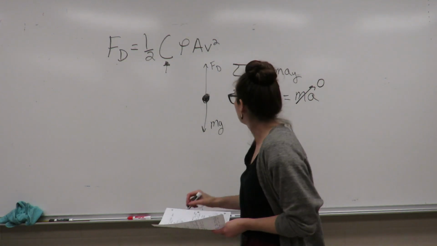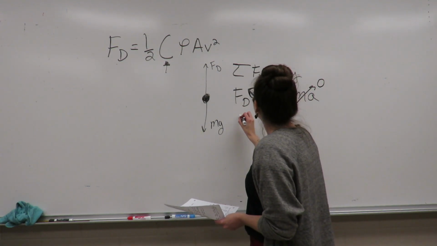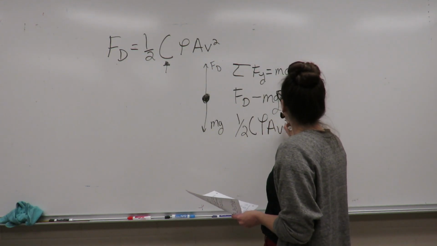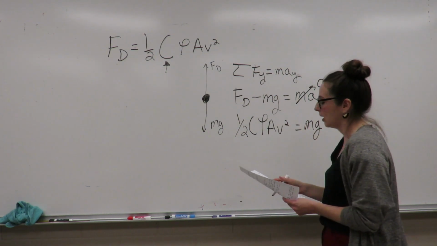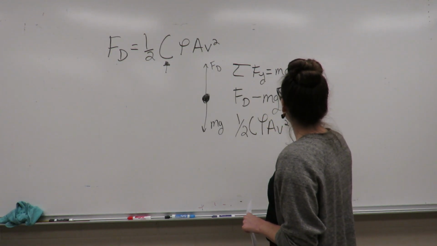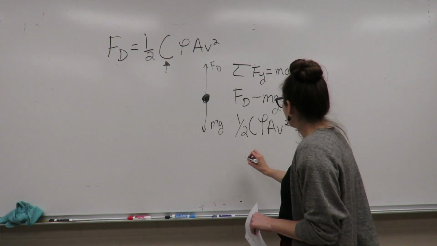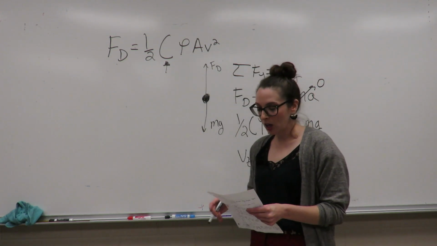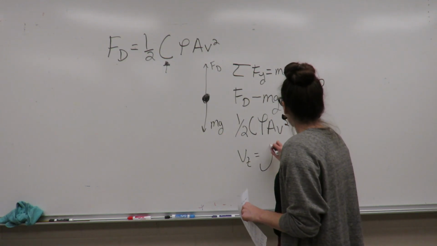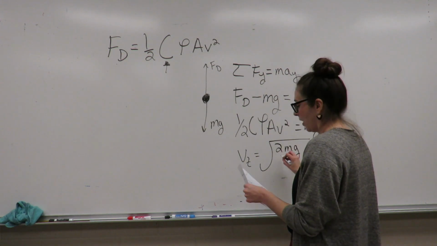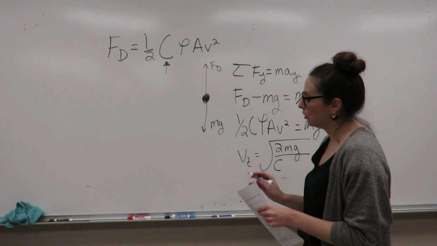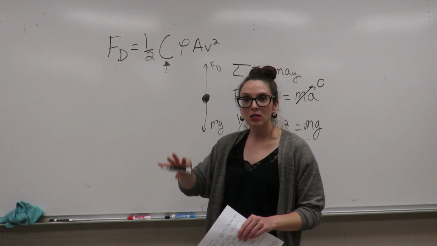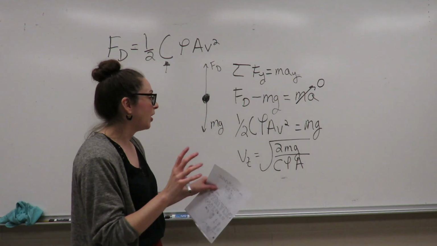And so if we do that, then we have that the drag force, which I'm going to say is 1/2 c rho a v squared, is equal to the object's mass times its gravity. And so if I solve this equation for velocity, then eventually I find that the velocity, what we will call the terminal velocity of the object, is equal to the square root of 2 times its mass times gravity divided by the drag coefficient, times the density of the surrounding air, times the area of the object that's facing the direction in which it's falling or moving.